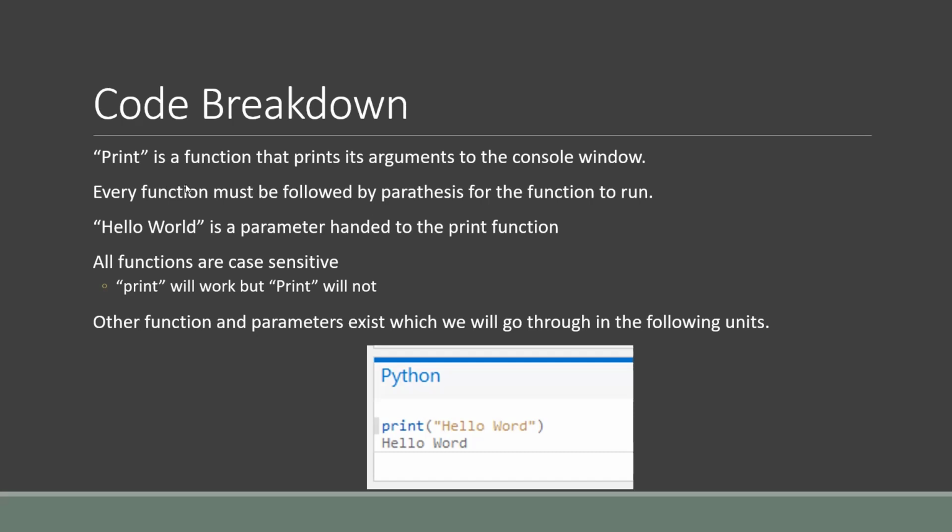Any function in Python will follow this convention. We have the function name followed by, oh yep, that would help if it was hello world and not hello word. Thank you.